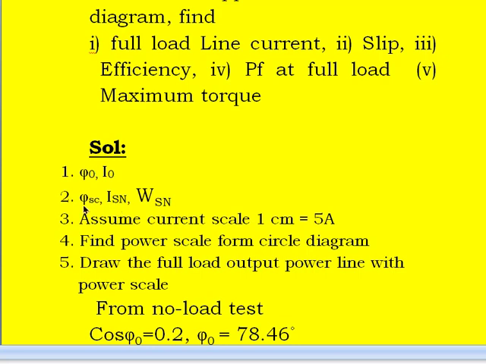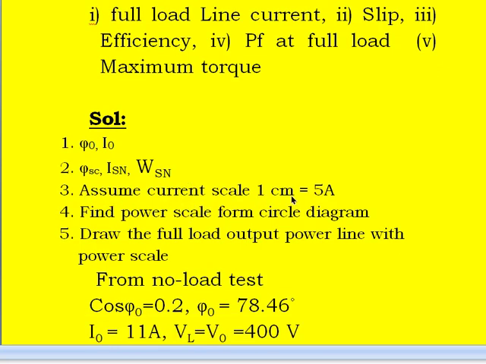Next, the power factor corresponding to the short circuit test and the short circuit current when the normal voltage is applied to the motor, then the copper loss when the normal voltage is applied to the motor, that is WSN.